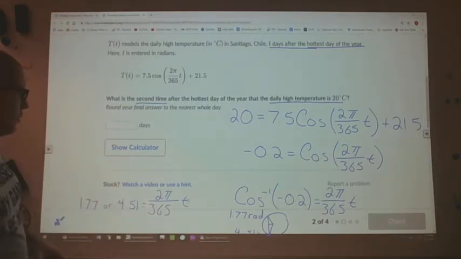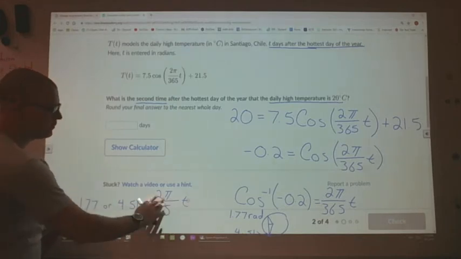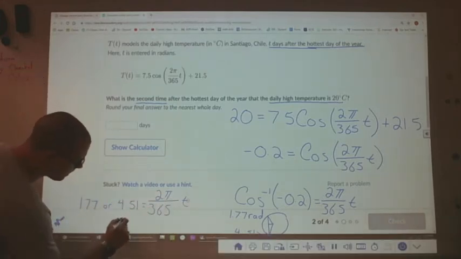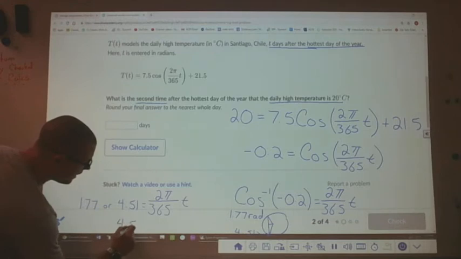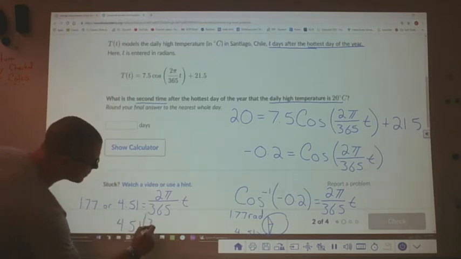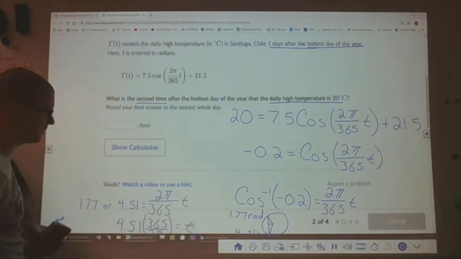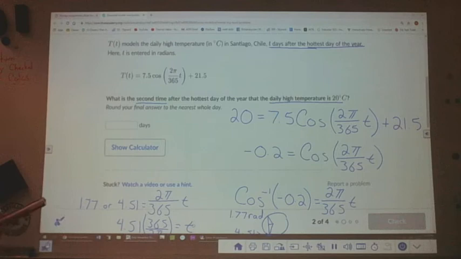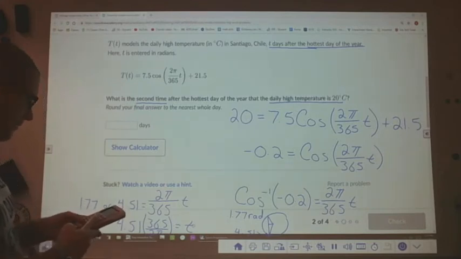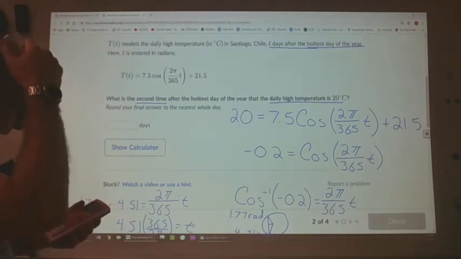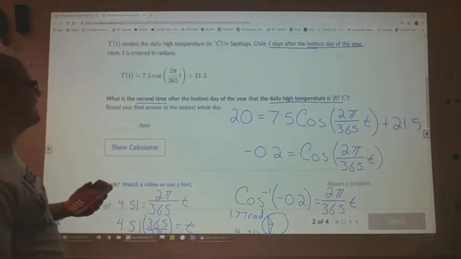But we have to solve for t, which means getting rid of this. So we're going to do 4.51 times the reciprocal of that, 365 over 2 pi, is equal to t. And then it's just a matter of doing that. So 4.51 times 365 divided by 2 pi gives me 261.99.